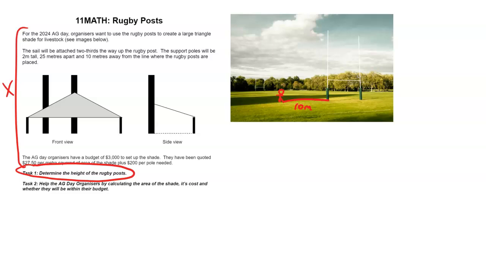After that I used the angle measurer, and I figured out what angle it was from my eye level. That's why I started the line at my head and went to the rugby posts. I'm going to draw another line here, because that angle was measured from my eye level, not from the ground. So if I drew the triangle connecting here, that wouldn't exactly be correct because of my eye level.